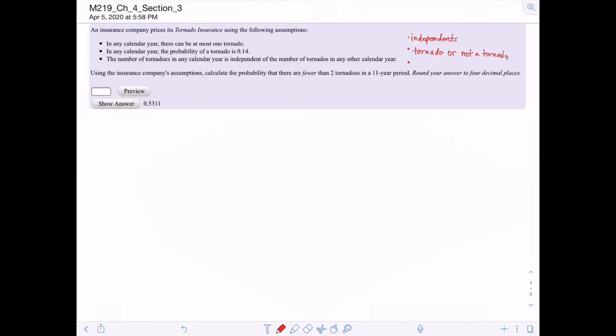Great, and the probability seems to be fixed at 14% every year. It doesn't seem to change at all, right? And so that means that this is looking like and implies a binomial distribution, which is great.